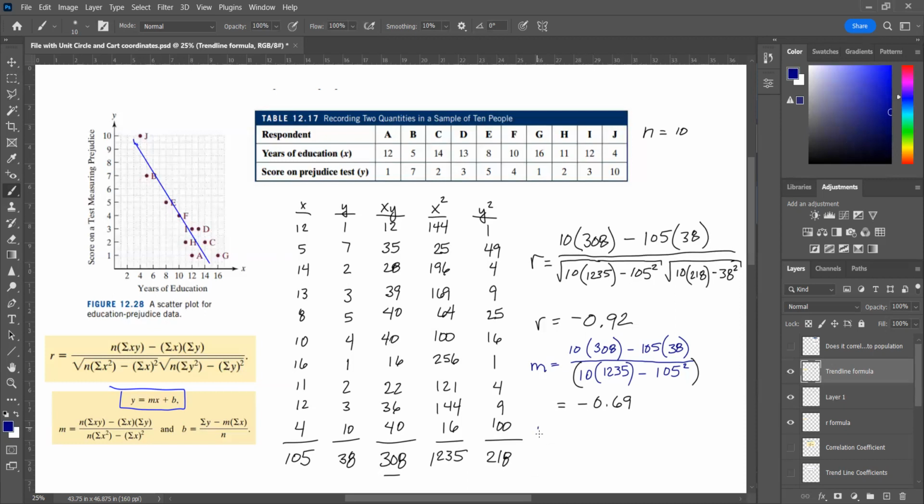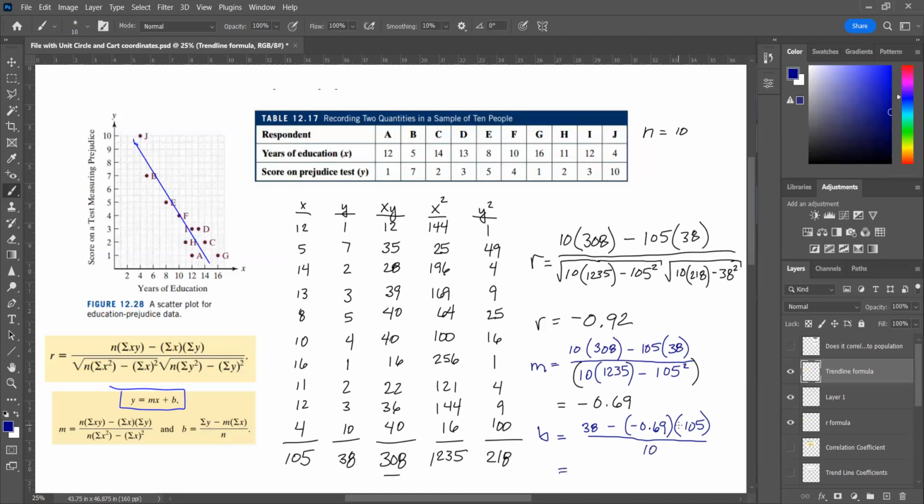Now that I have that, I can find the b value, which is the sum of the y's, 38, minus m, which we just calculated, negative 0.69, times the sum of the x's, 105, all over n, which in our case is 10.